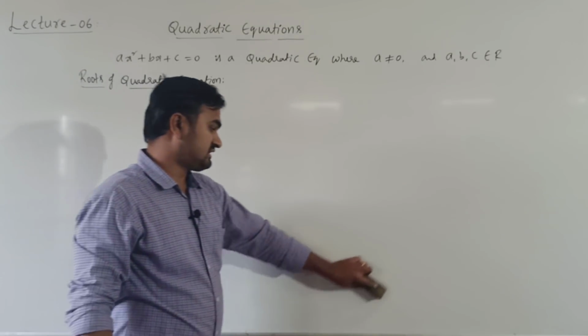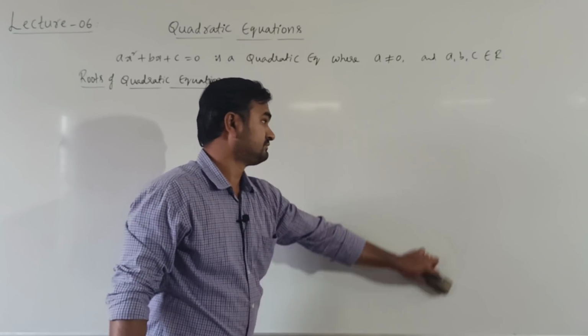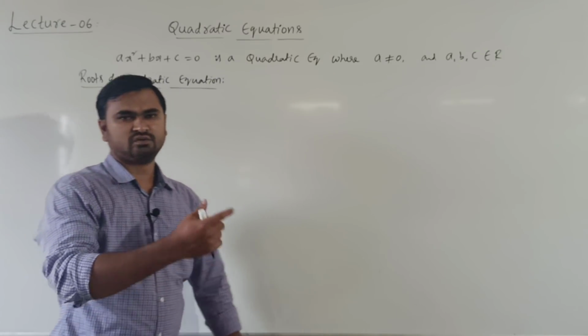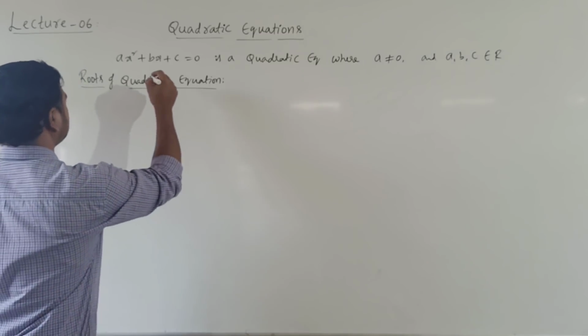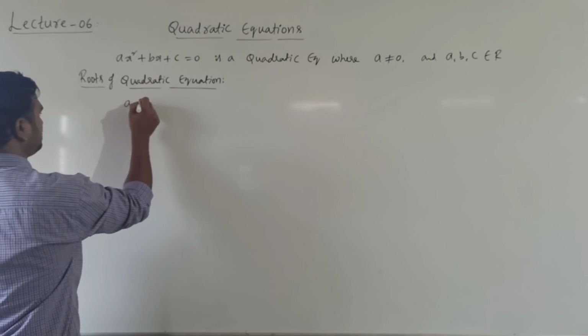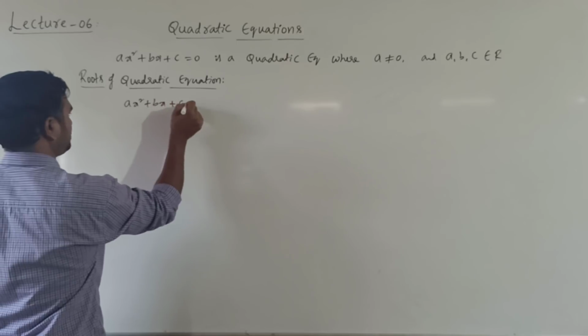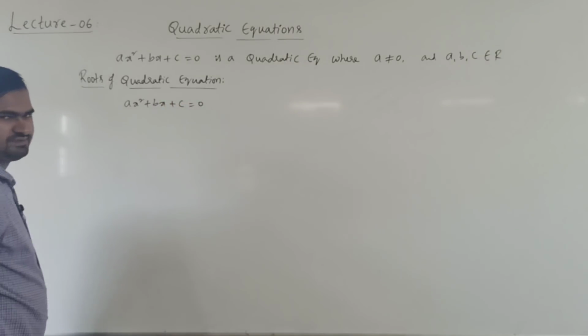Now we will derive the formula for roots of this quadratic equation. Derivation is not required, only the formula is required. So ax square plus bx plus c equal to 0. We have to solve this.